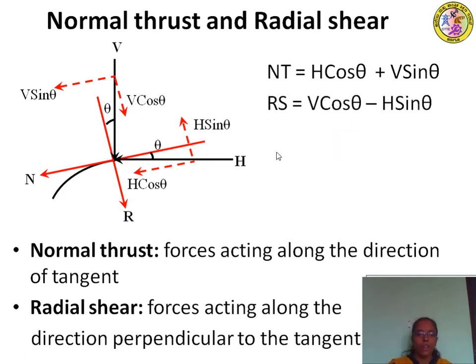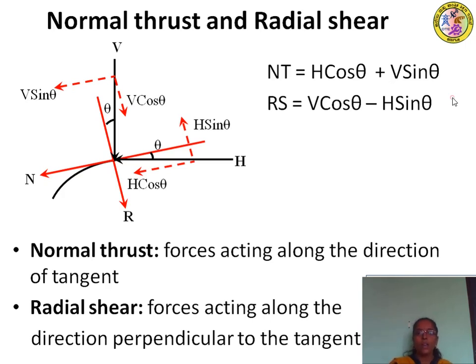This is the positive direction we have assumed, so the opposite one becomes negative. So V cos theta minus H sin theta. These two equations you have to remember to calculate normal thrust and radial shear at any section on the rib of an arch.